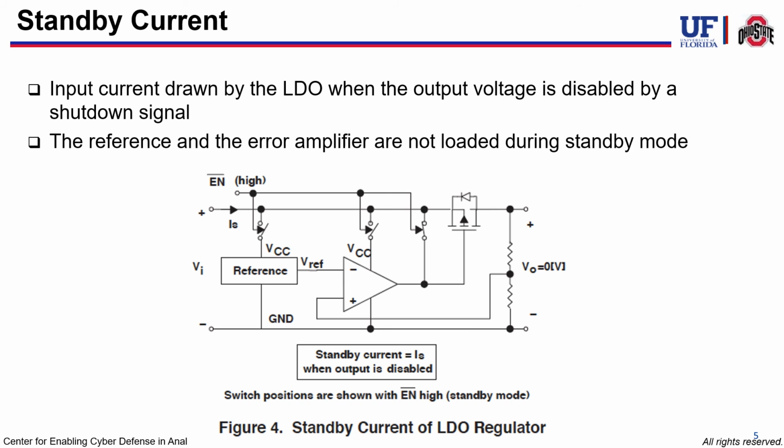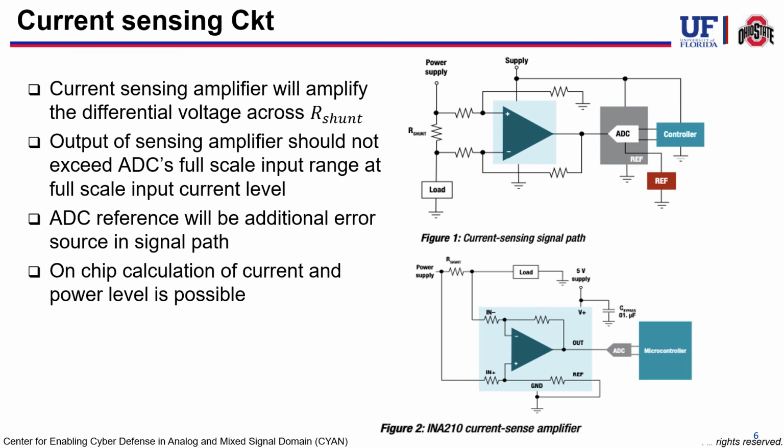The good thing about standby current is that it can be easily measured on chip, meaning that there's no need for external measurement methods, and it does not depend on frequency. This new way to identify recycled chips does require a new LDO design that integrates a current sensing circuit for on-chip standby current calculations.